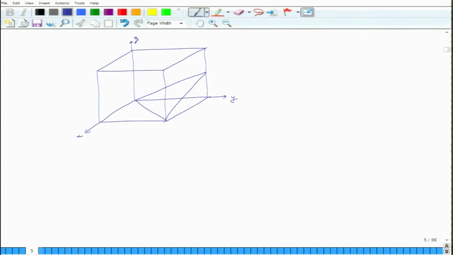Let us say this is the plane, okay, or let me just draw it in green. This is the one.